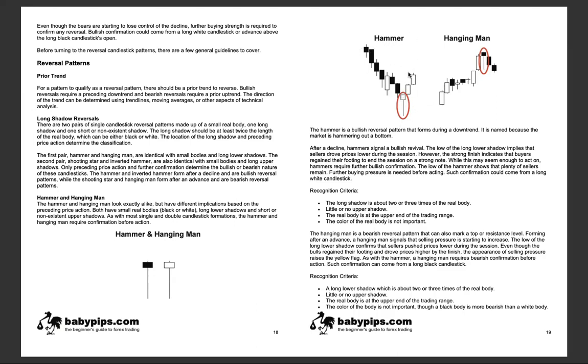Whenever you see a hammer there, it represents that the market is reversing. A hammer, the market reverses, all right? Usually for me, I rarely use these patterns like the hanging man and the hammer. I'll tell you why later on, okay?